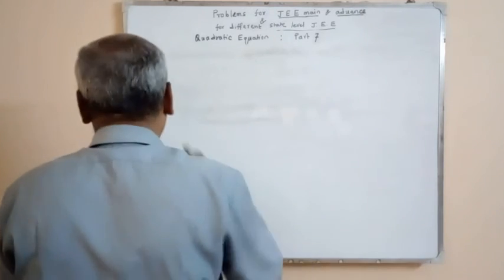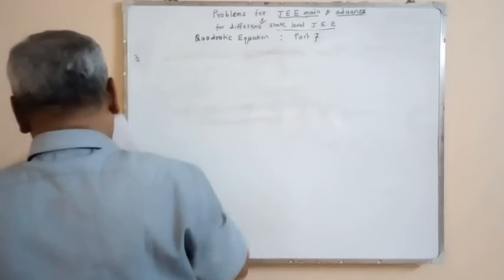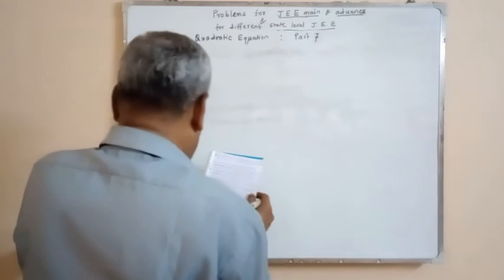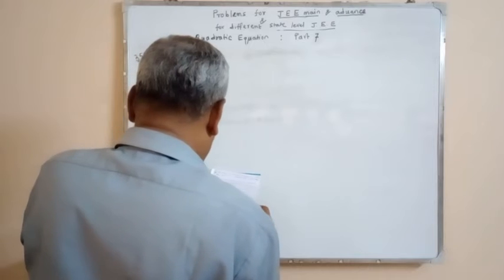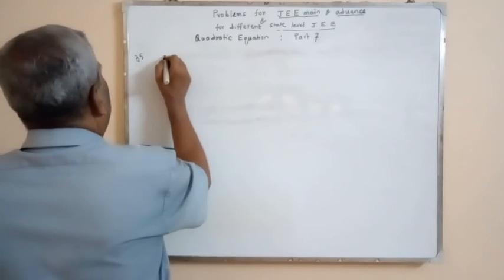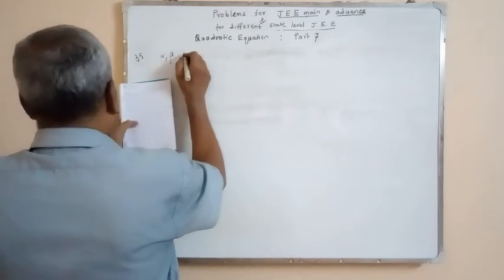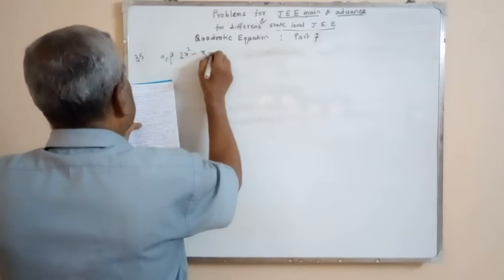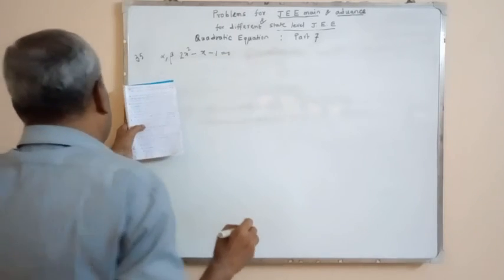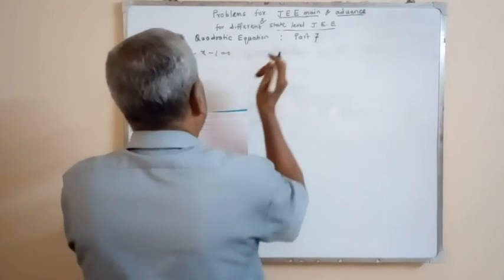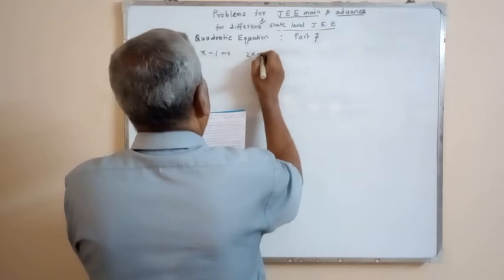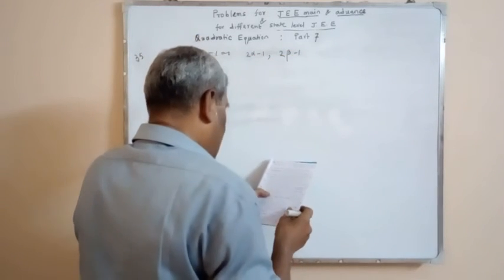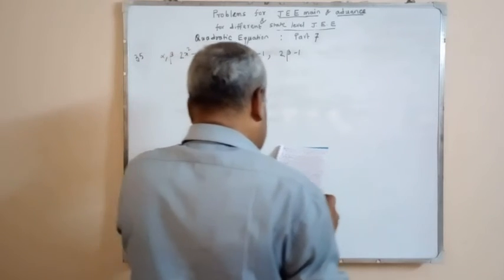Next problem is problem number 35. If alpha beta are roots of 2x square minus x minus 1 is equal to 0, then the equation whose roots are 2 alpha minus 1, 2 beta minus 1 is what?